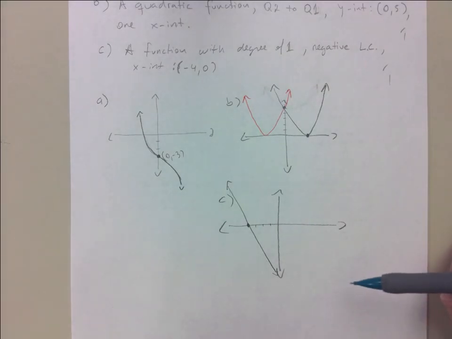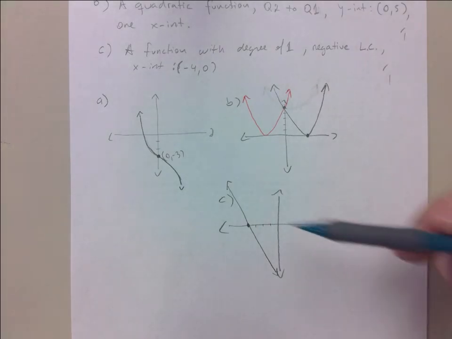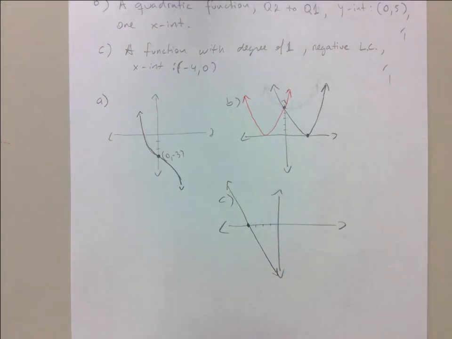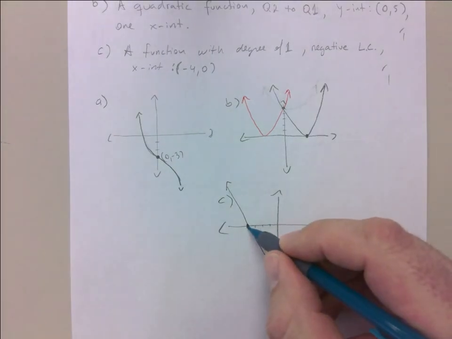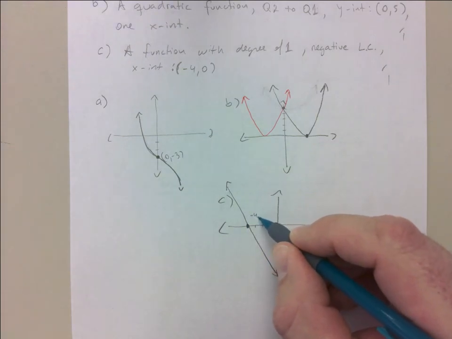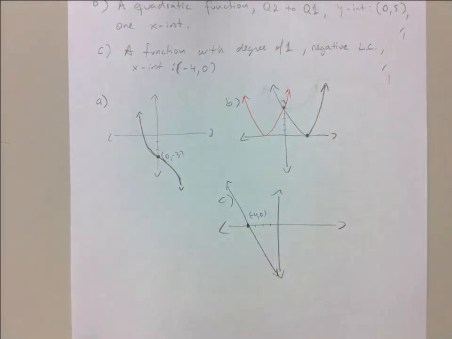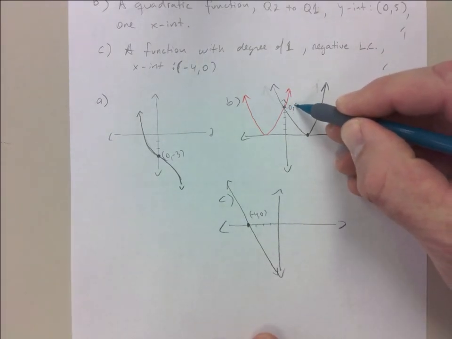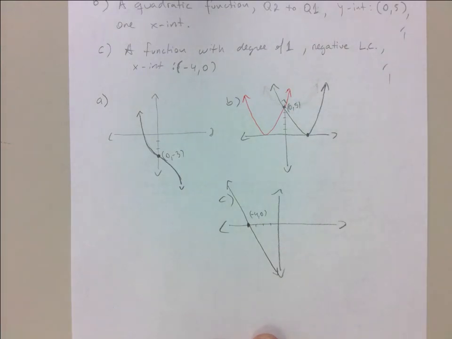You're like, it doesn't go from quadrant 2 to quadrant 4 like you told us. Yes, eventually the ends will end up in those quadrants. As long as it goes through -4 here, and maybe you want to be very explicit about it, and you say that's -4, 0 right there, and up here that's 0, 5, you're fine. So 1 mark for each. If you meet all the criteria, you get it. If you were almost there, take off half.